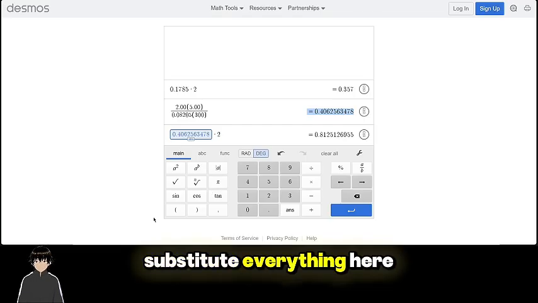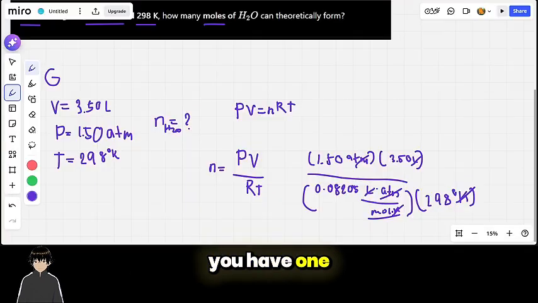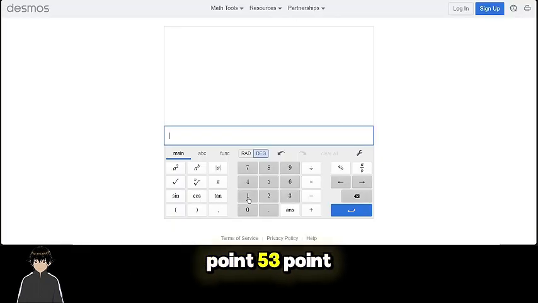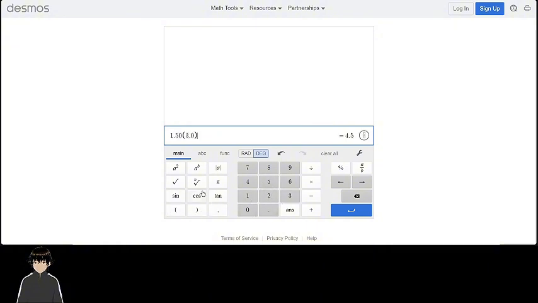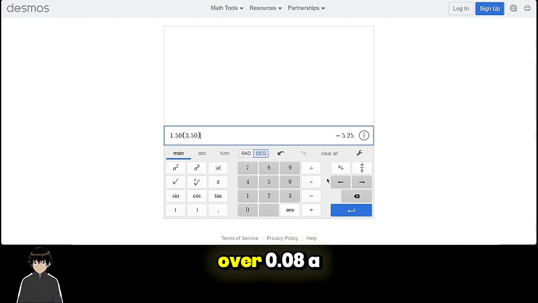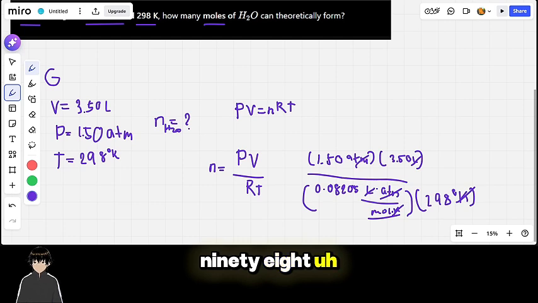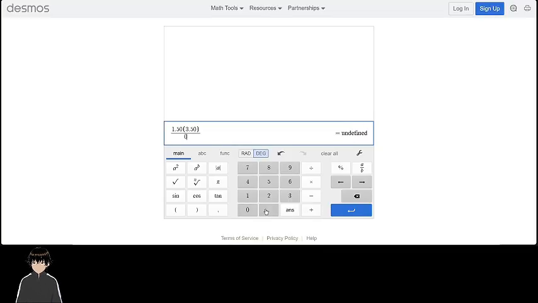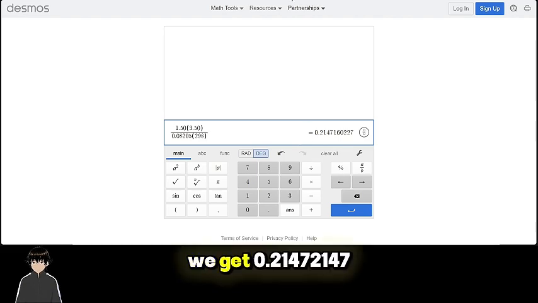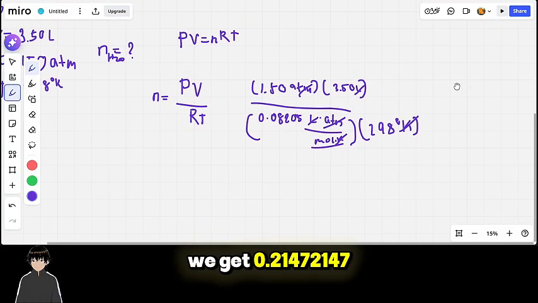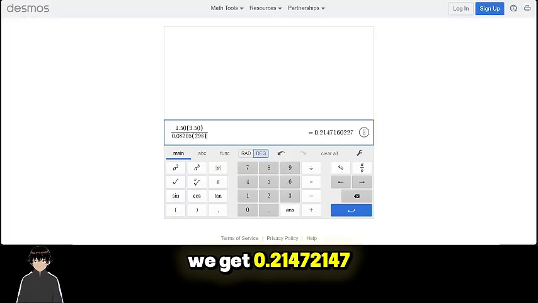If we substitute everything here, you have 1.50 times 3.50 over the gas constant and 298 Kelvin. We get 0.2147.